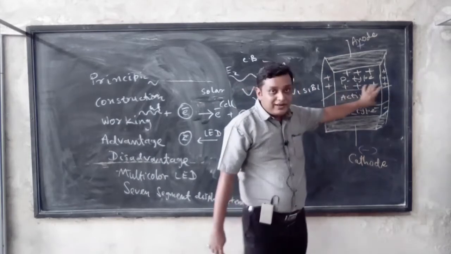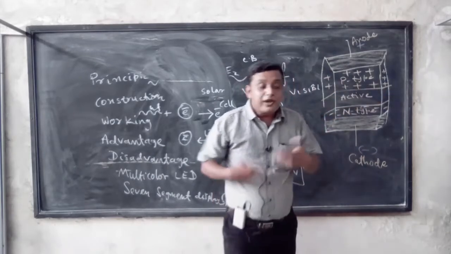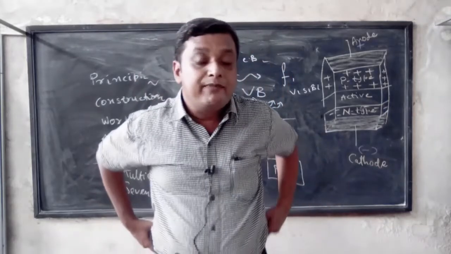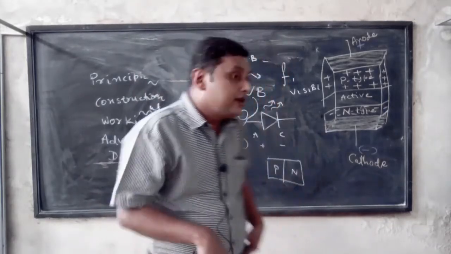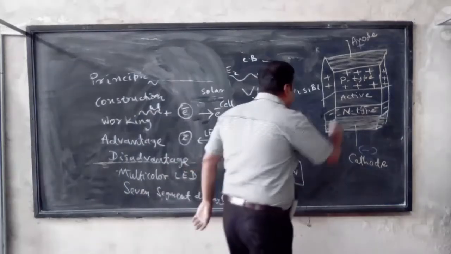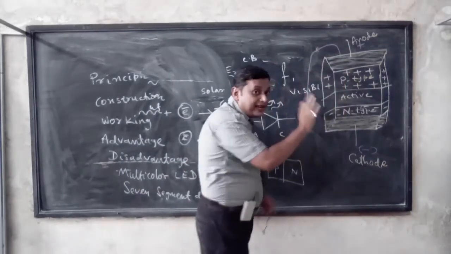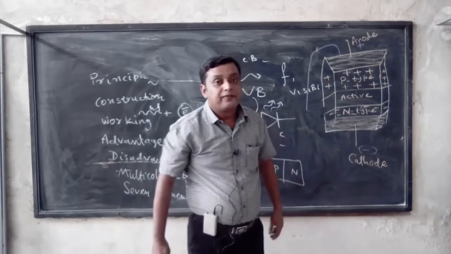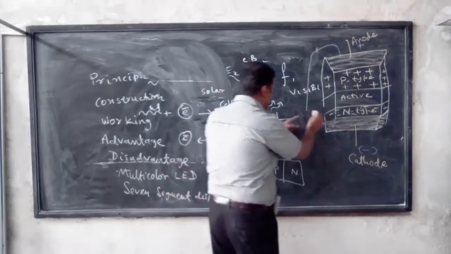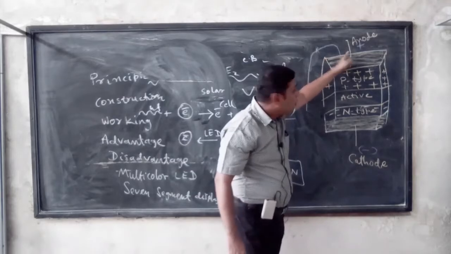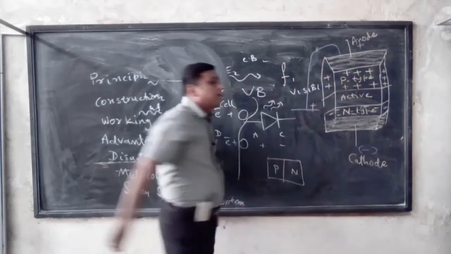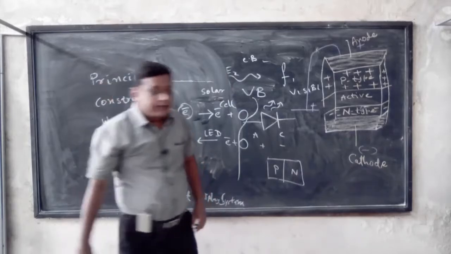This is the active region of the depletion barrier. What happens? Which process is being expressed inside the depletion barrier? We know that if this LED is connected in a forward biased region, it means the anode, or the P-type semiconducting material, is connected with the positive terminal of the battery.